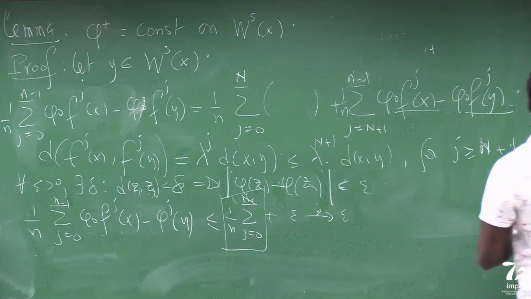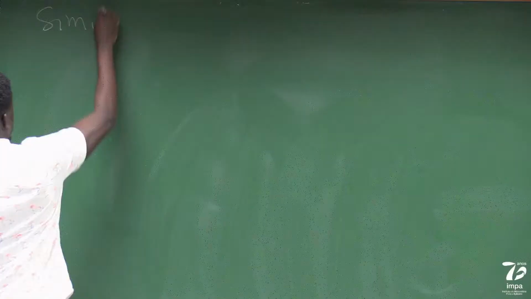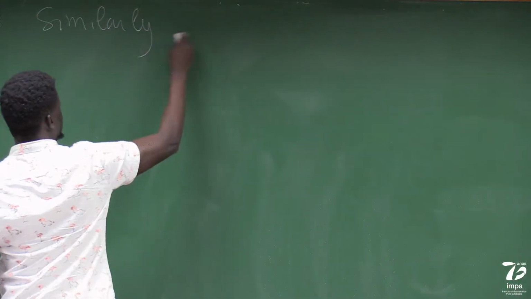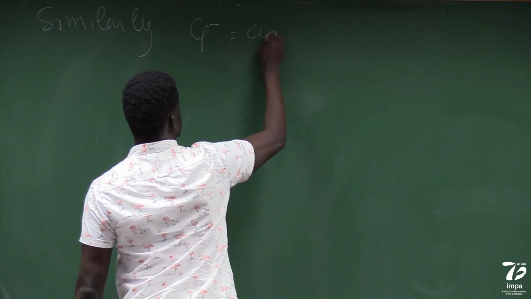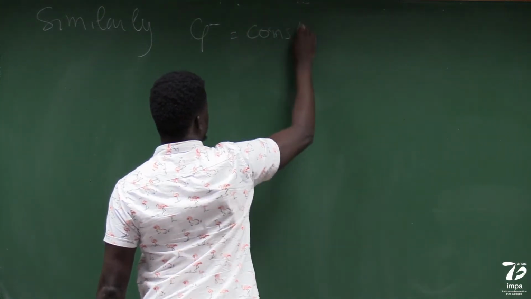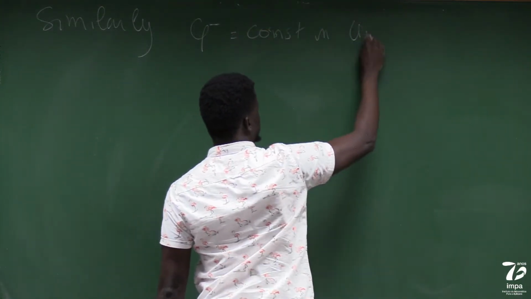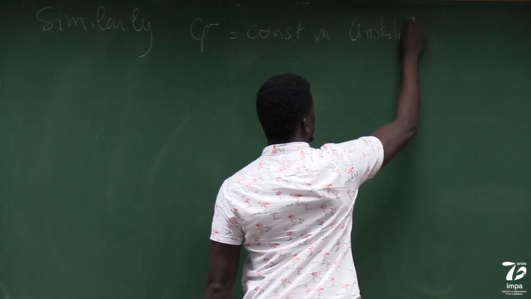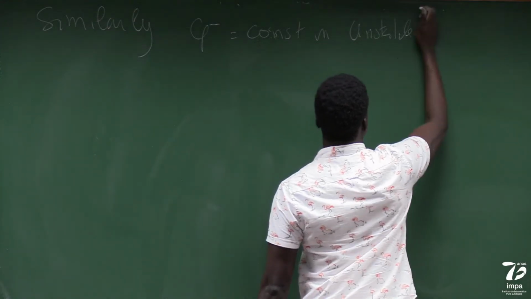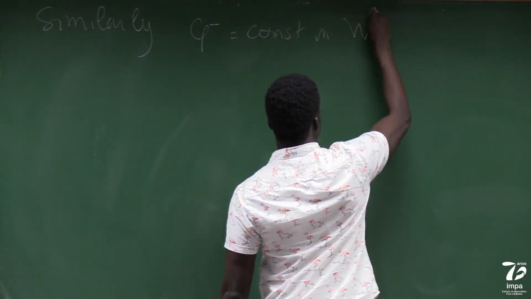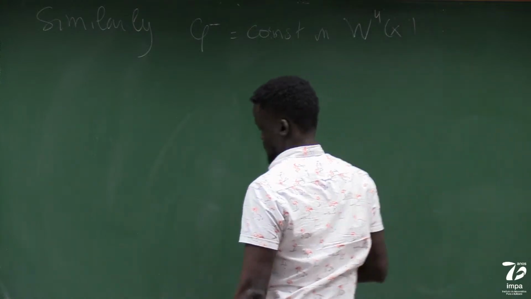So similarly, phi minus equals constant on unstable manifolds, W^U of x, to be consistent.